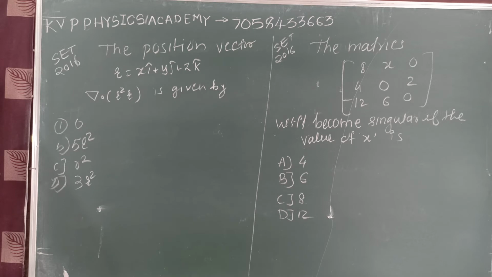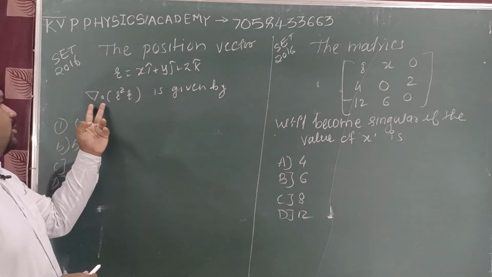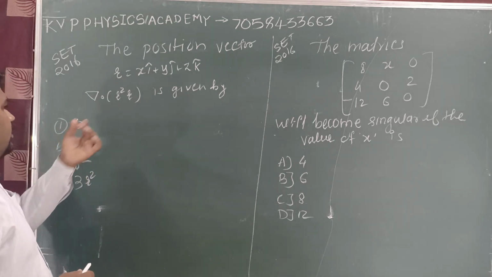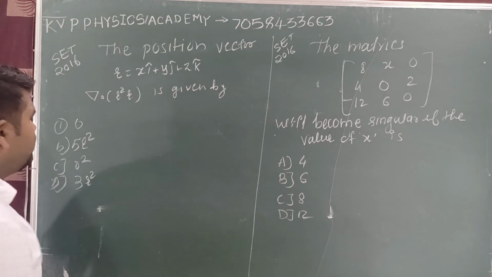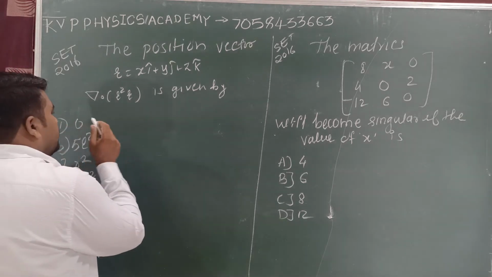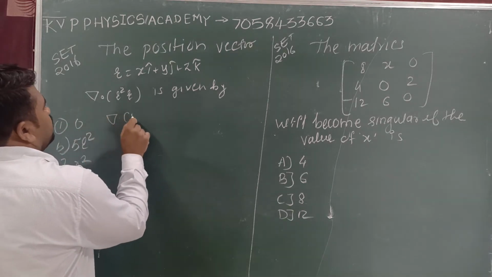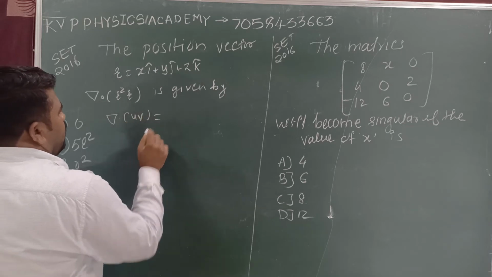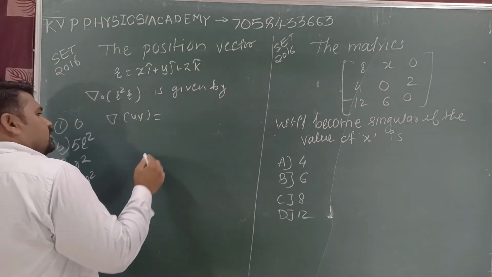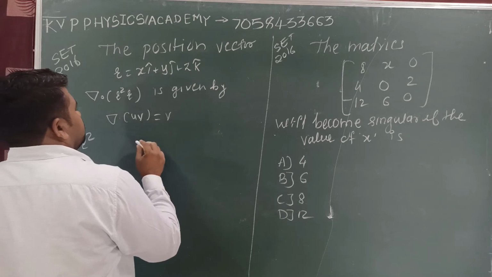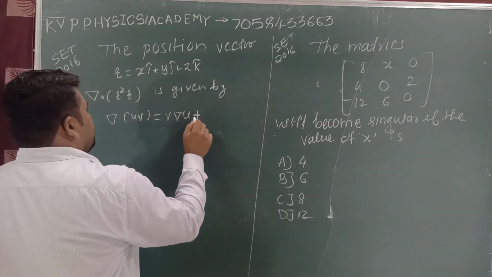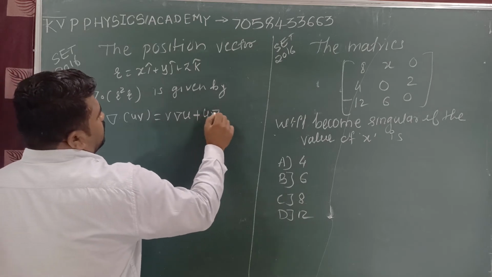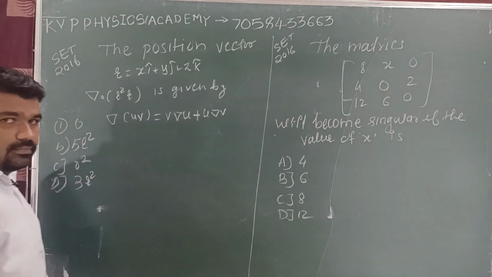The position vector r is equal to x i cap plus y j cap plus z k cap. What is del dot r square r given by? Here we can use the AB rule for del dot uv, and take the derivatives one by one. We can take v common out, del u, plus for the second one, take u common out, del v.